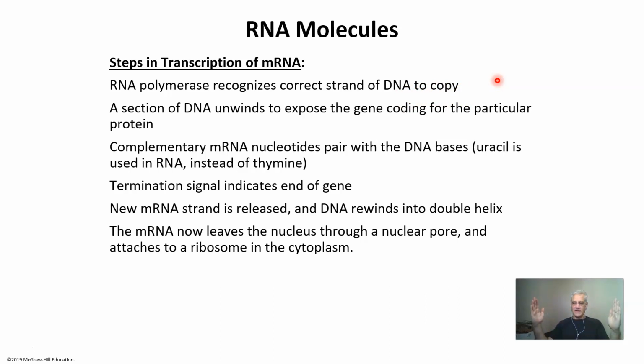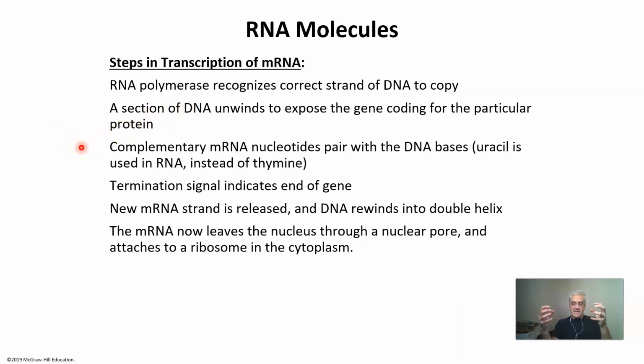When I pull them apart, how do I know which strand I'm supposed to go to? The RNA polymerase is smart like that. It knows to grab that strand. It says, I don't care about the other strand, I want this strand. It recognizes the correct strand. There are ways that we've learned that happens, but it doesn't matter for our purposes. RNA polymerase grabs onto it.